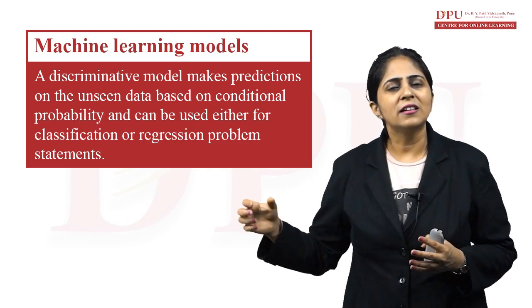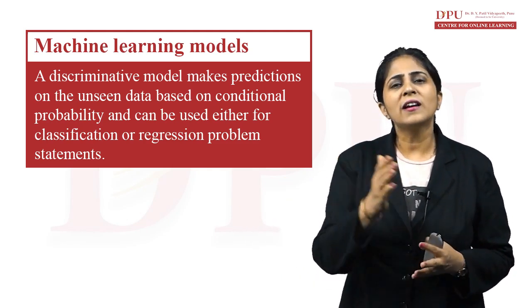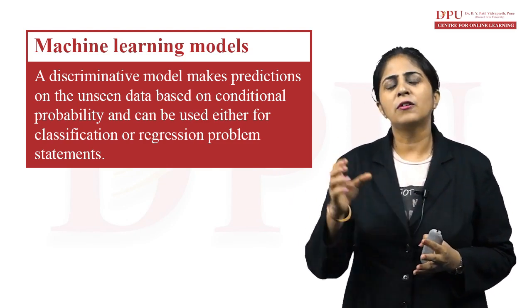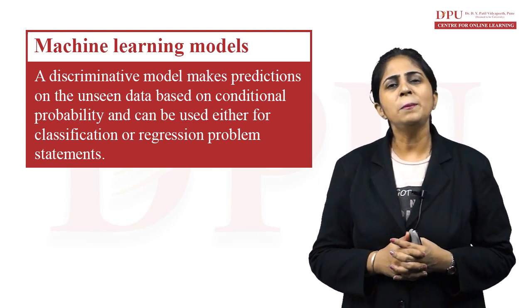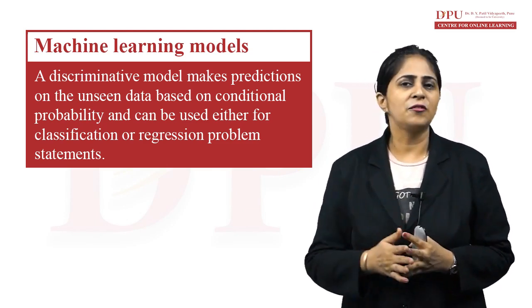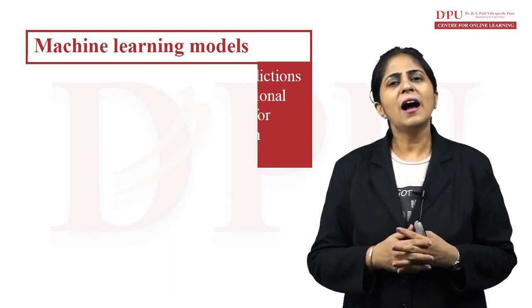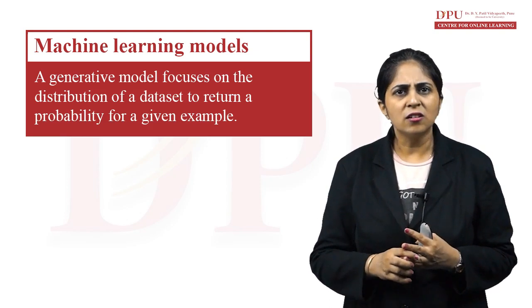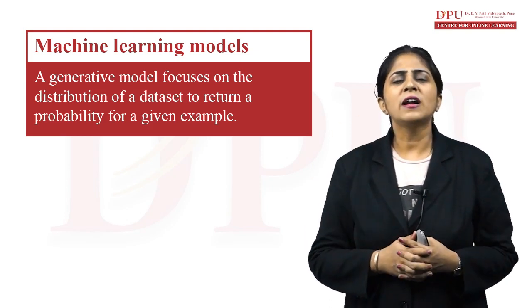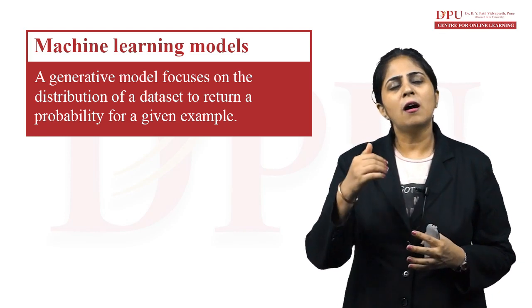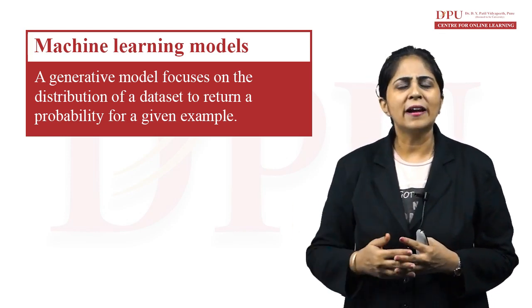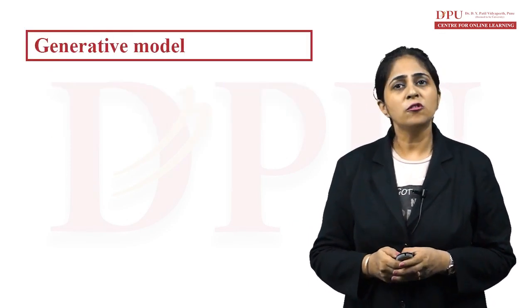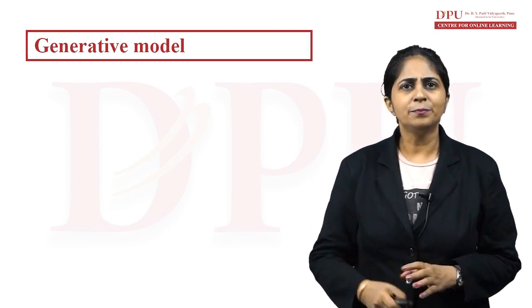Suppose we are given certain images, then to classify them into different clusters of different types of movies, that will be the function of a discriminative model, classification. While a generative model focuses on the distribution of a data set to return a probability for a given example. If we are given a particular example, similar to that, it will return the probability of other examples. So let us talk about the generative model in detail.